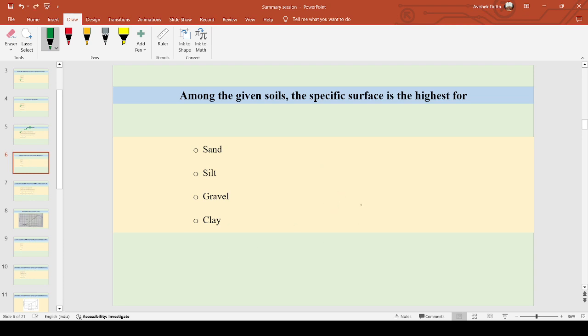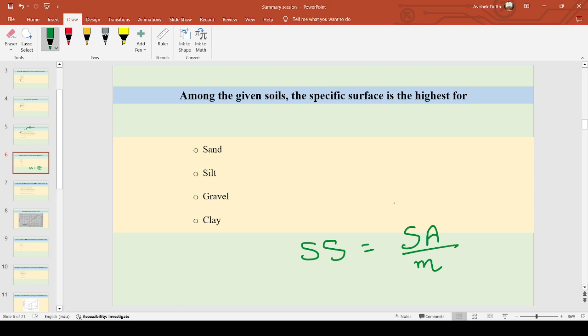The definition of specific surface is surface area per unit mass. So, in a unit mass of all these samples, the one which has greater surface area will have the highest value for specific surface.